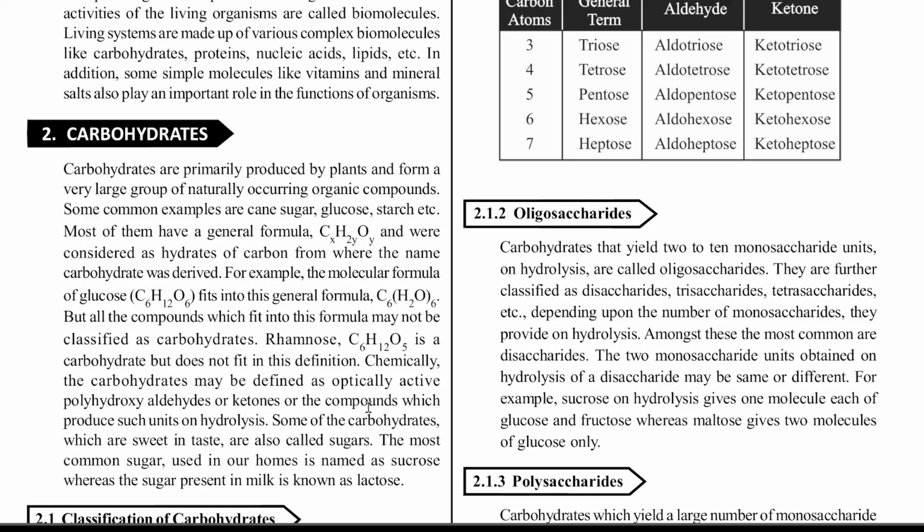Polyhydroxy means it contains multiple hydroxy OH groups, and it will contain either an aldehyde or a ketone group at the terminal end or in the middle of the chain. Some of the carbohydrates are sweet in taste, that's why they are also called sugars. The most common sugar found in our home is sucrose, whereas the sugar present in milk is known as lactose.